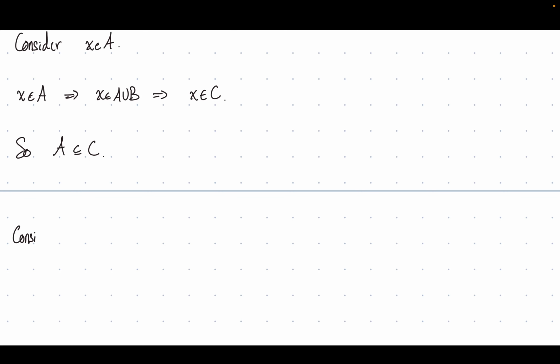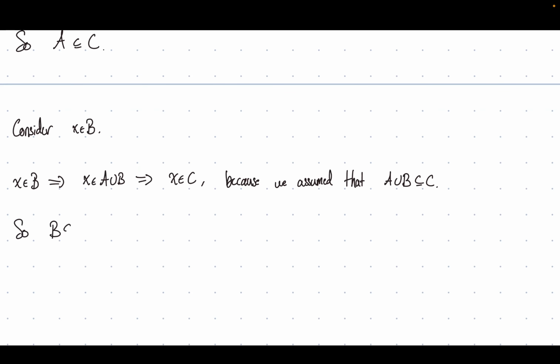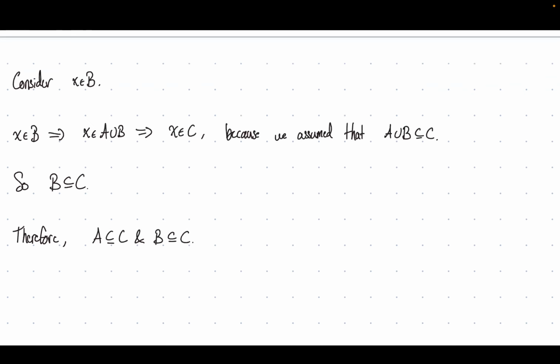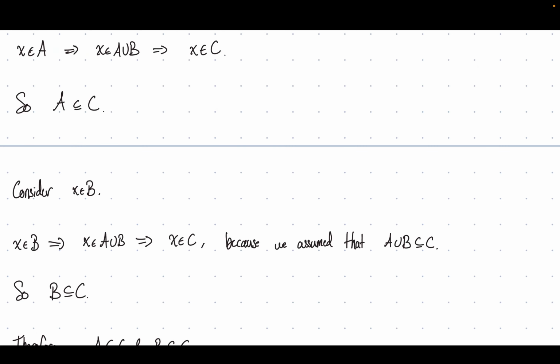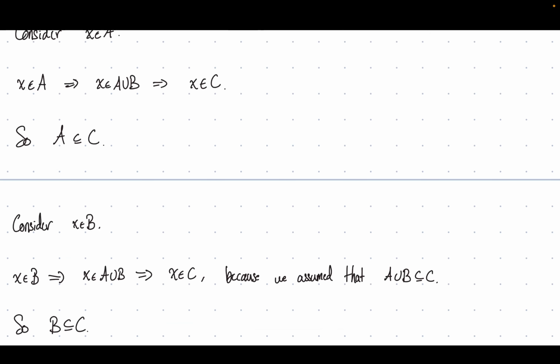Now if we consider X in B instead, same line of reasoning, X is in B implies that X is in A union B, which implies that X is in C, because we assumed that A union B is a subset of C. So, B is a subset of C. Therefore, A is a subset of C and B is a subset of C. So we've showed that whenever this is true, this is true, and whenever this is true, this is true.